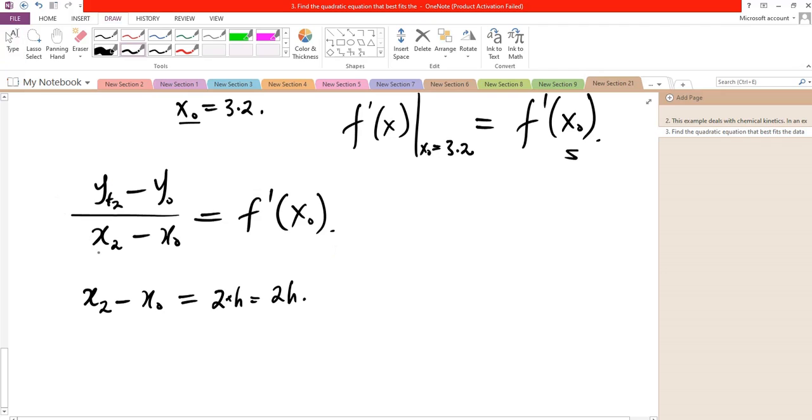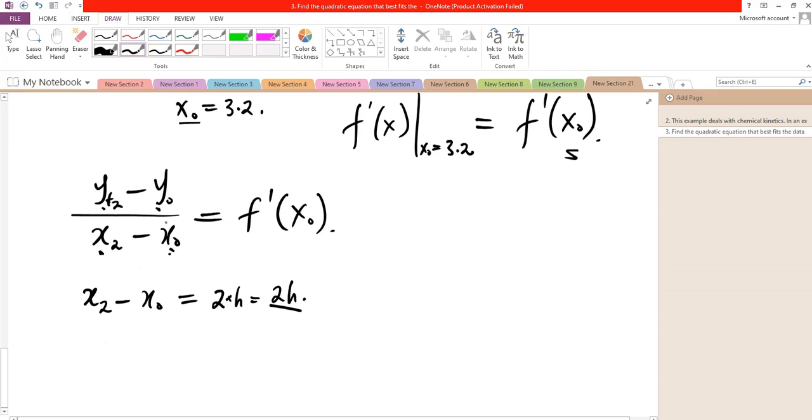I can also calculate for this, because this one is known, this one is known, this one is known, this one is not known. I can calculate for this using these expressions here. I can do that without assuming this.